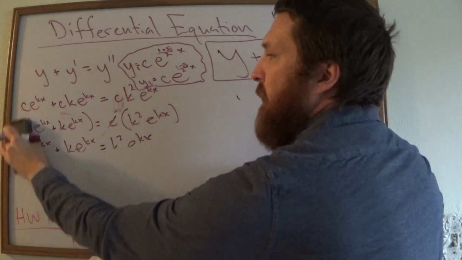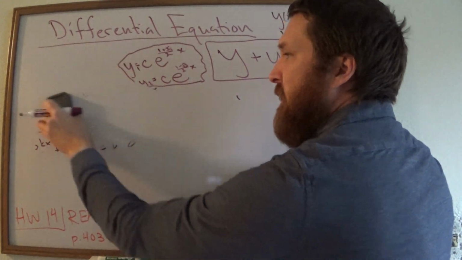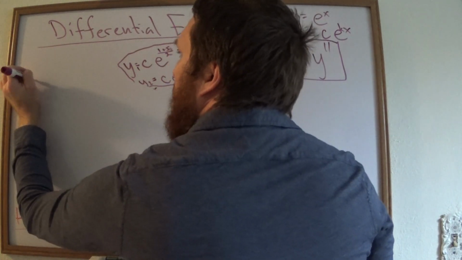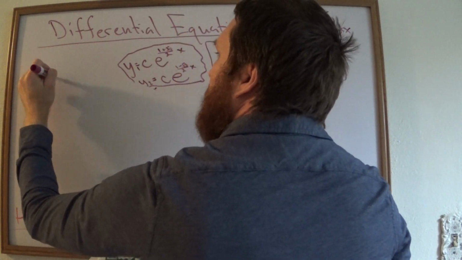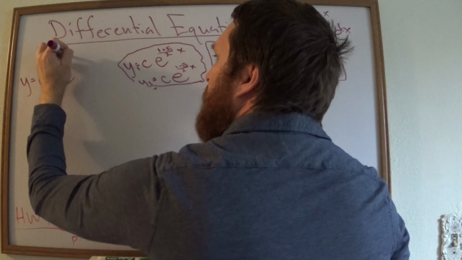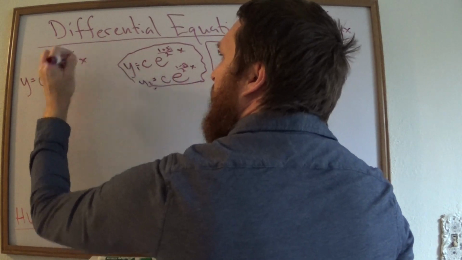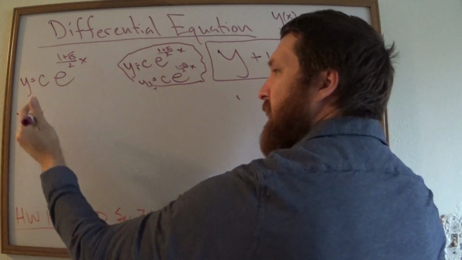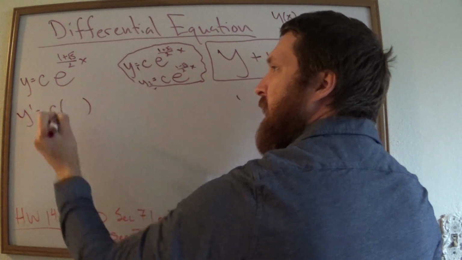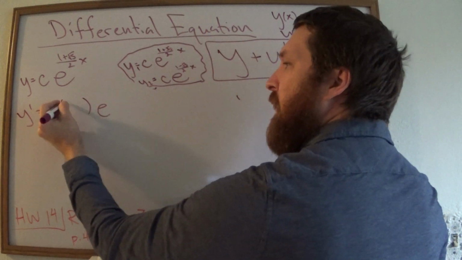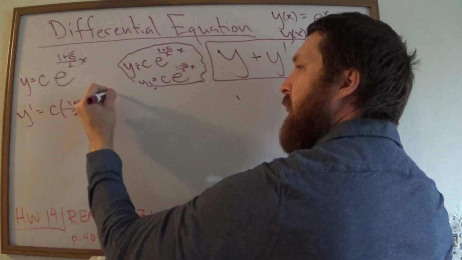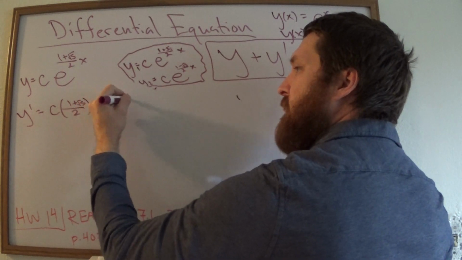In order to do that, I'm going to need to take some derivatives. So here's my function. y equals some constant times e to the 1 plus root 5 over 2 x. Now let's take its first derivative, and what do we get? c times 1 plus root 5 over 2 times e to the 1 plus root 5 over 2 x.